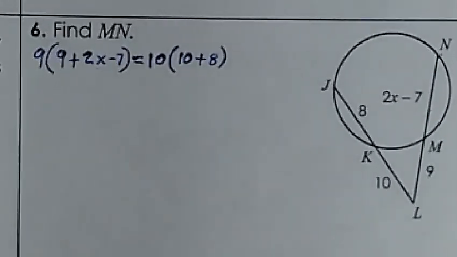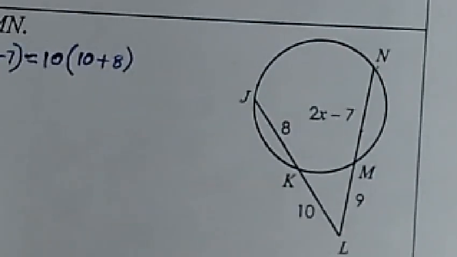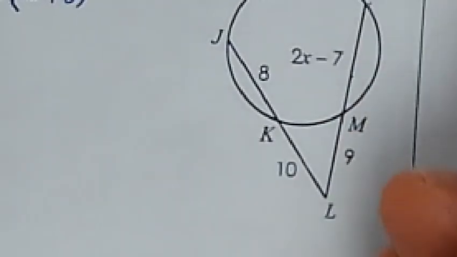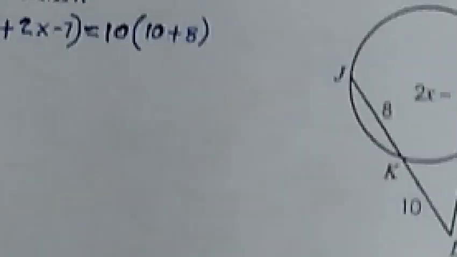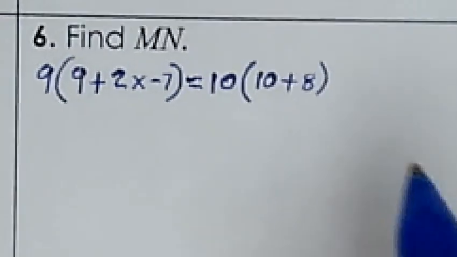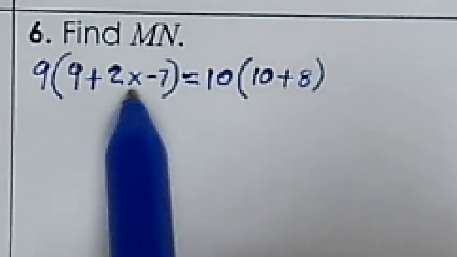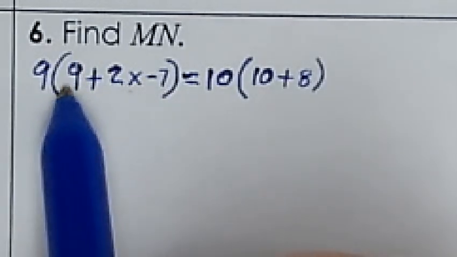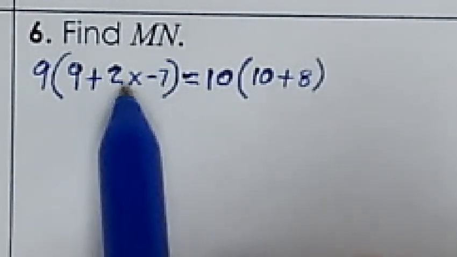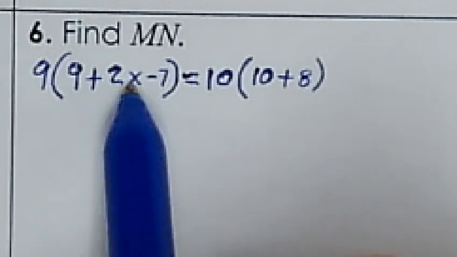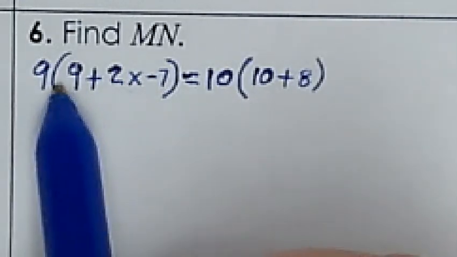Okay, well, no questions. Let me tell you, just to help you out. You always try to simplify the inside of the parentheses first. Now that's got an x, the 2x. You cannot add that with a 9 or a minus 7. So I would drop down the 9, and I would just drop down the 2x.